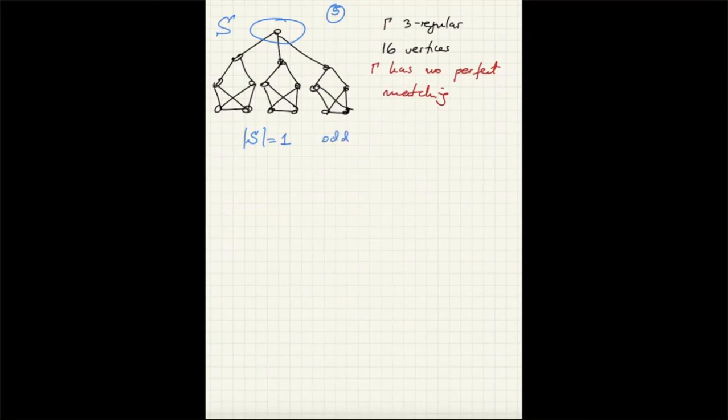But the number of odd components in gamma minus S is 3, because deleting that S will create these 3 components, each being a graph on 5 vertices. So that's one way one can apply Tutte's theorem.